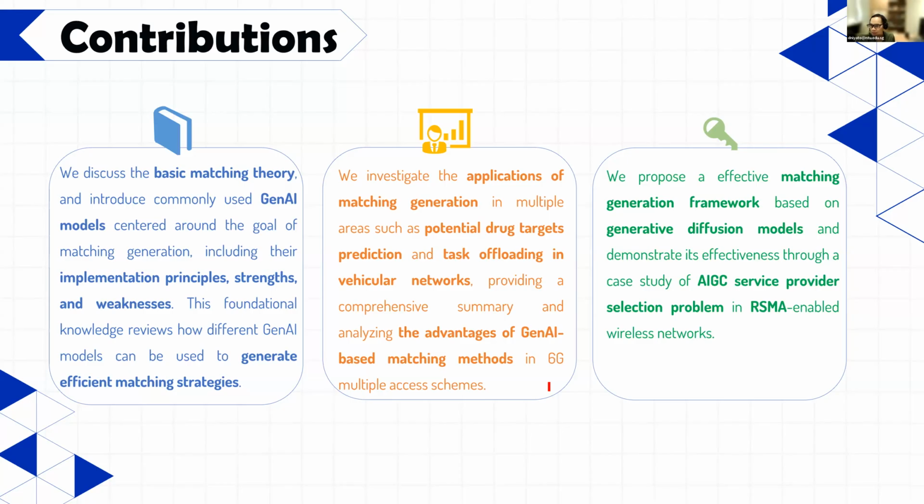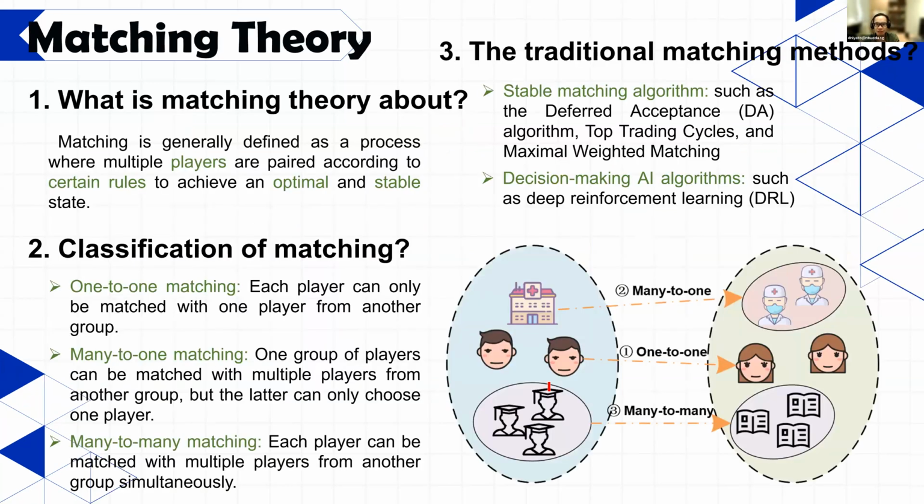And then we propose an effective matching generation framework based on a generative diffusion model. We demonstrate effectiveness through the case study called AI-generated content service provider selection problem in an RSMA-enabled wireless network.